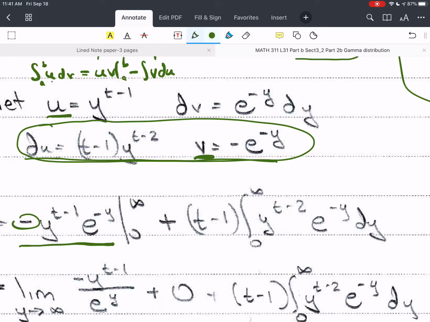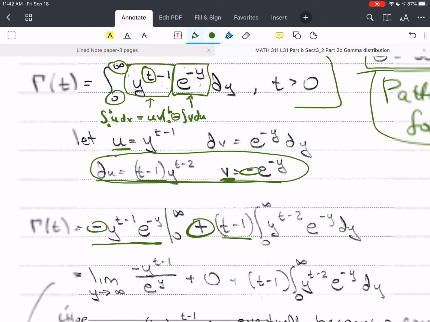It's uv, the ones without any derivatives, those times each other, minus what's on the bottom multiplied times each other, v du, with an integral. So I can pull the t minus 1 out to the front, and then since I'm subtracting here, but it's already a negative, it becomes a positive, which I like. And then I've got y to the t minus 2 e to the negative y dy.